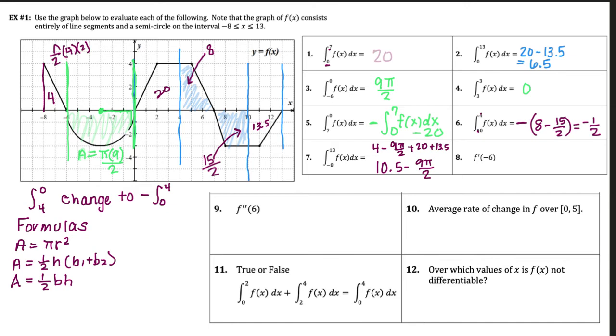Okay, and then number 8, it says f prime at negative 6, and I believe it's not going to exist.